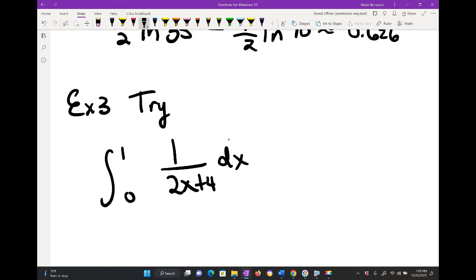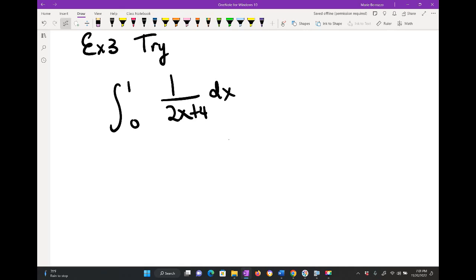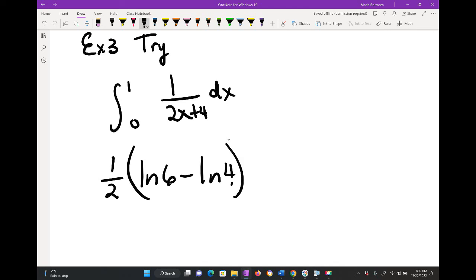As you do this question, step by step, you'll end up with 1/2 natural log 6 minus natural log 4, which comes to approximately 0.203.